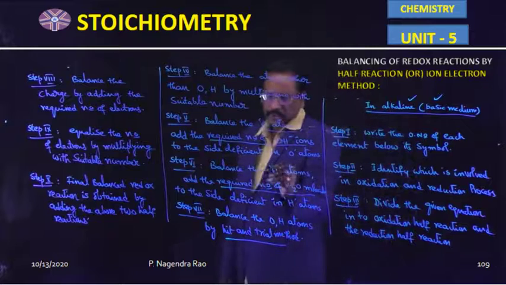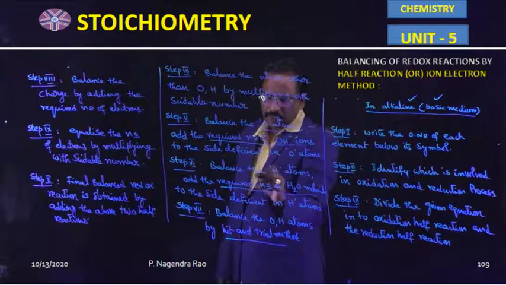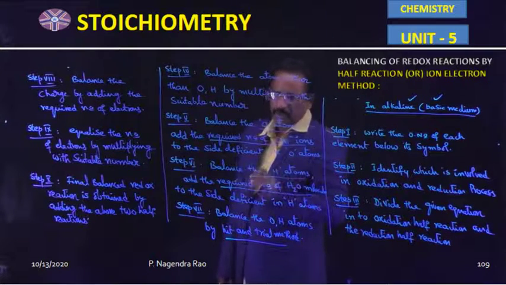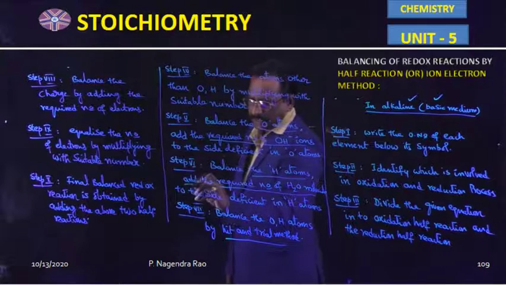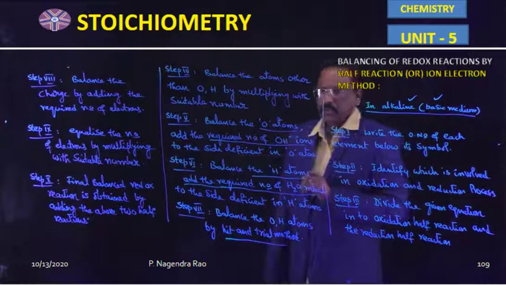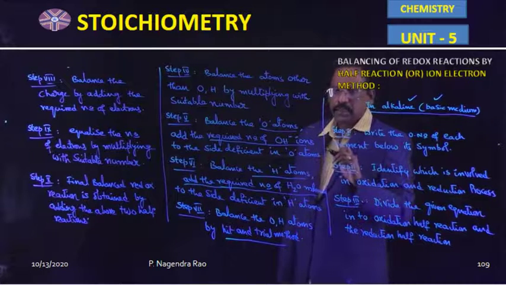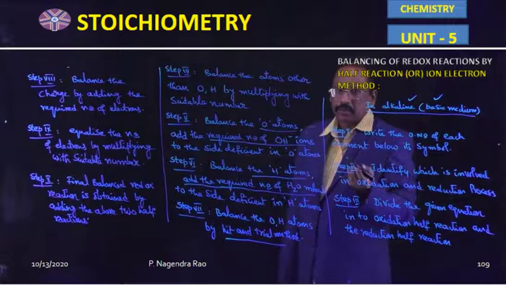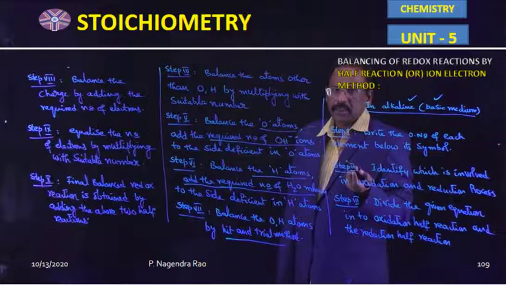After that, to balance the hydrogen atoms, add the required number of water molecules to the side deficient in hydrogen atoms. The remaining steps are same.